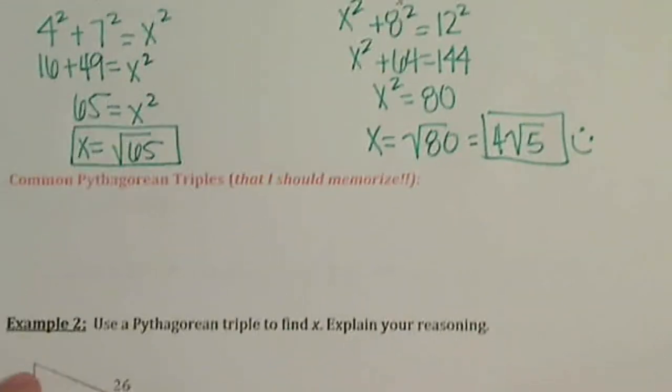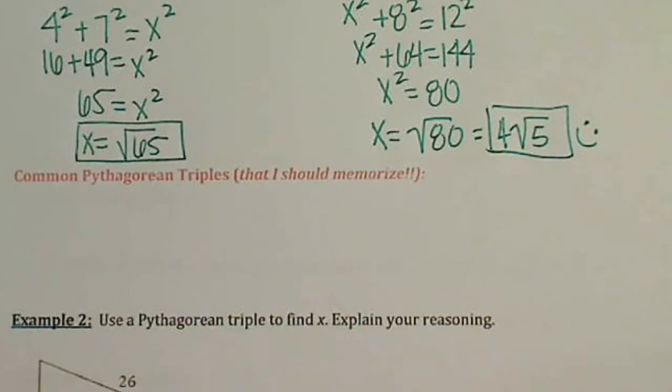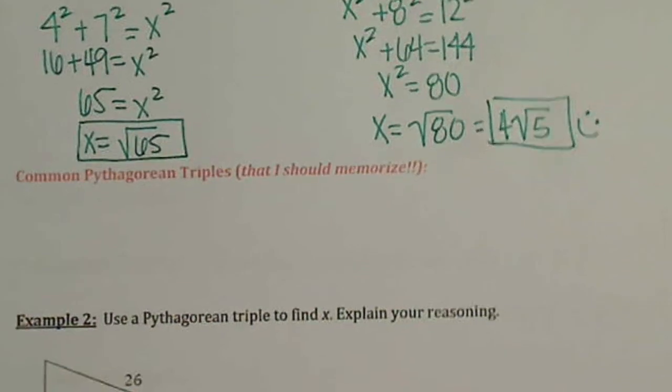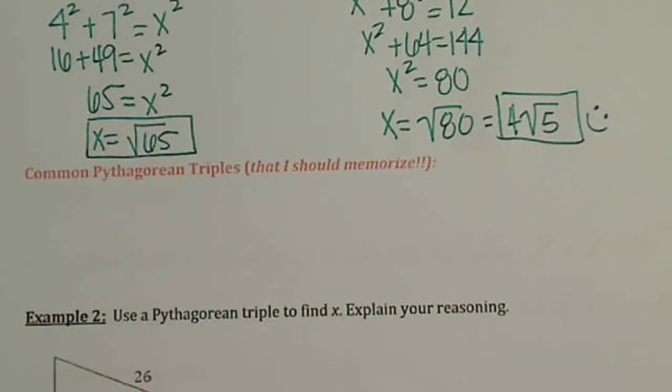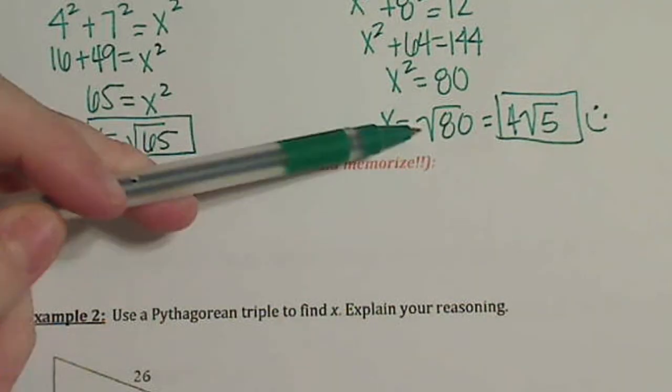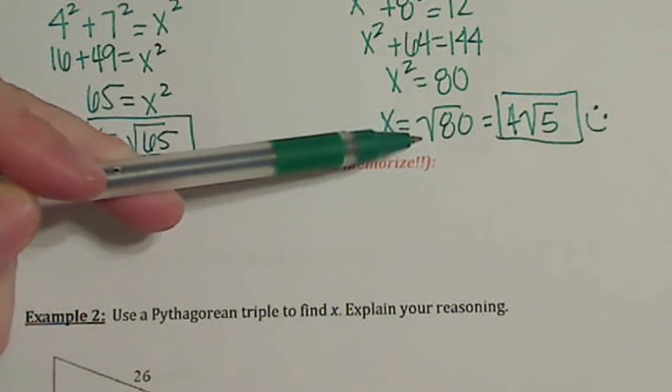A new topic for you may be Pythagorean triples. These are 3 numbers, 3 sides of a triangle that are all whole numbers. This is not a whole number, that was a decimal. This is not a whole number, that was a decimal.